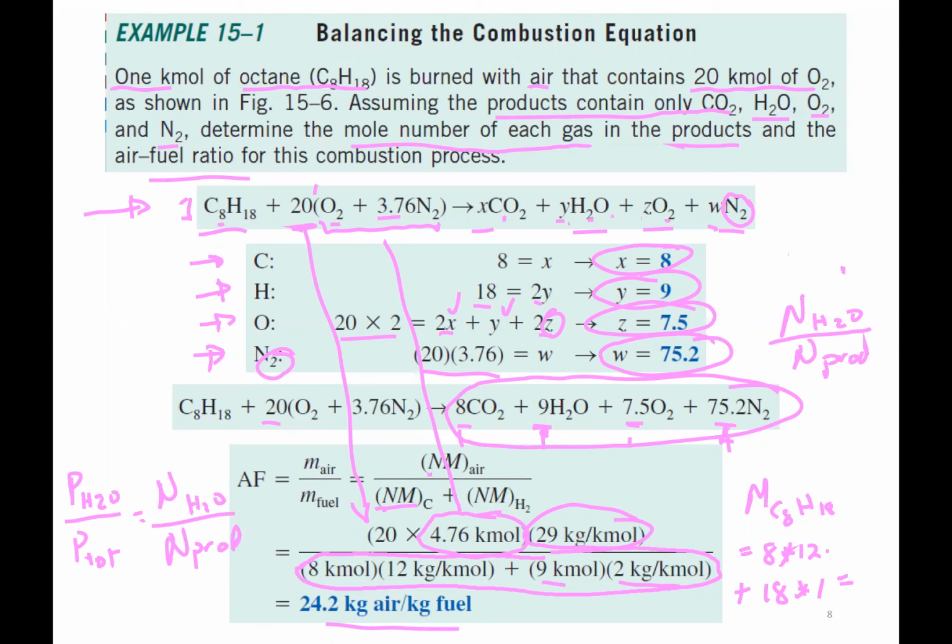Okay, so the sum of all of these, 8, 9, 7.5, 75.2, would be the number of moles in the products. 9 would be the number of moles of water. If we had our products, our exhaust, let's say it's the tailpipe of your car, the total pressure would be, let's say, 1 atmosphere, 100 kPa. Then we could utilize this equation to solve for the pressure of the water.